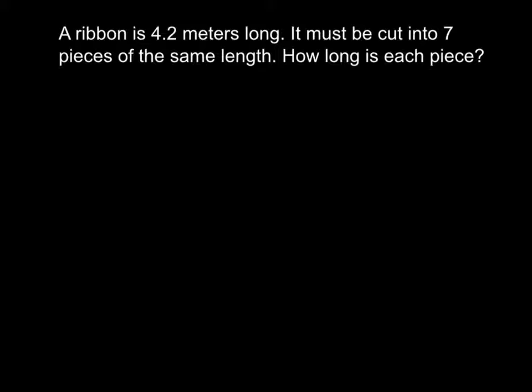One way that we can think of this problem is just like we did with the multiplication with decimals. We can look at it in our steps. So our first step says to estimate the quotient. So I could decide that 4.2 meters here is about 4. And 7 is hard for me to divide into 4, but I could do 8.